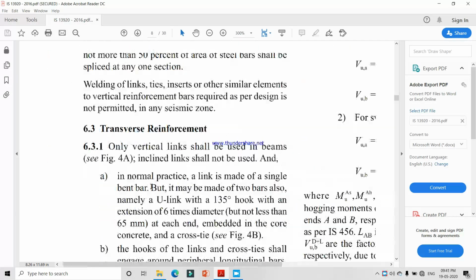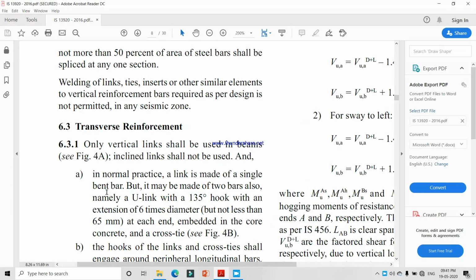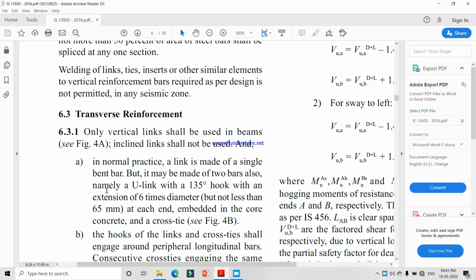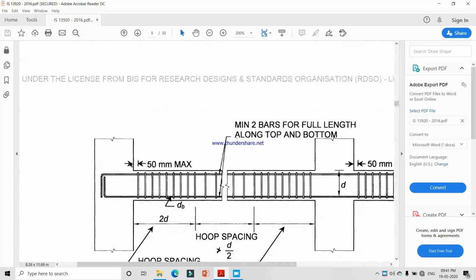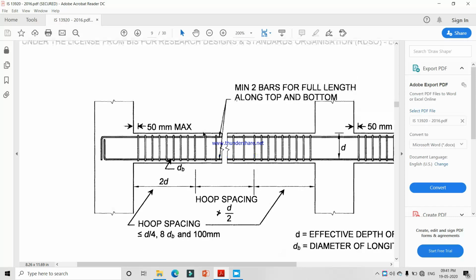These are the transverse reinforcement. Only vertical links shall be used in the beam. That means for transverse reinforcement we are using vertical links. These are vertical links.